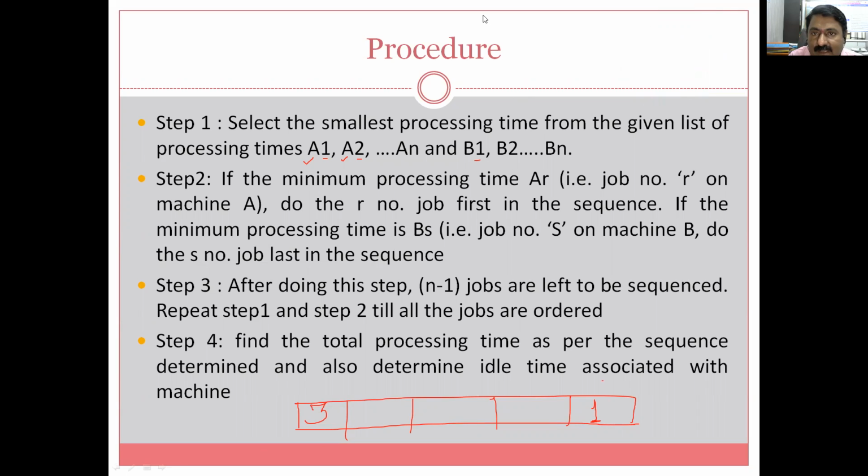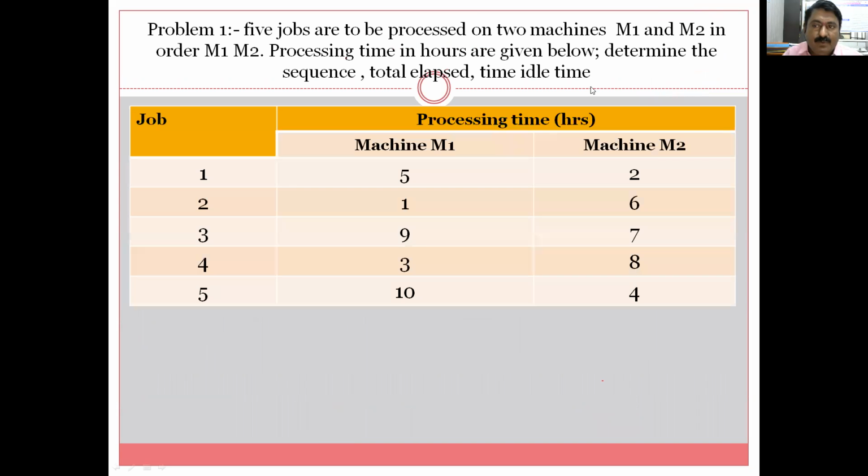Okay, rather than having just an idea, you will be more and more clear after solving a numerical. I will give you guidelines also for solving, so give attention, we will complete this one numerical. 5 jobs are to be processed on 2 machines, M1 and M2, in the order M1, M2.